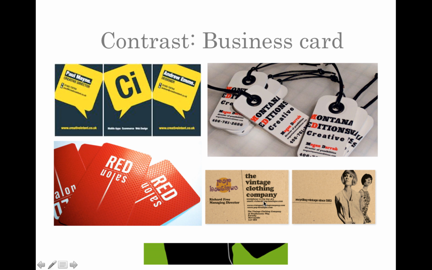This vintage clothing company, on the other hand, is recycled material. We have old photographs, and so the visual component here and the choice of paper actually adds to the contrast between these types of cards. And is this affordable versus is this expensive?